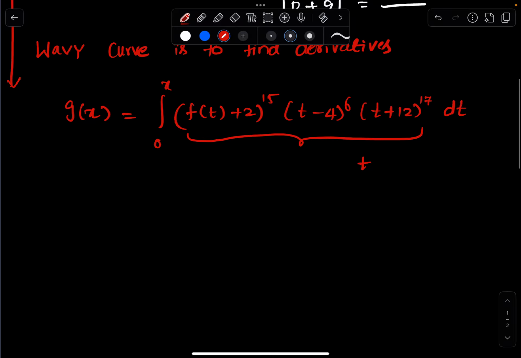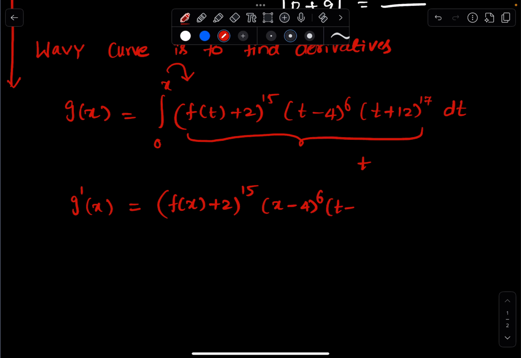So you can use the Leibniz rule to directly differentiate this. G dash of x is, you'll be putting x in the integrand first, so that will give you (f of x plus 2) whole power 15 multiplied by (x minus 4) whole power 6 multiplied by (x plus 12) whole power 17.